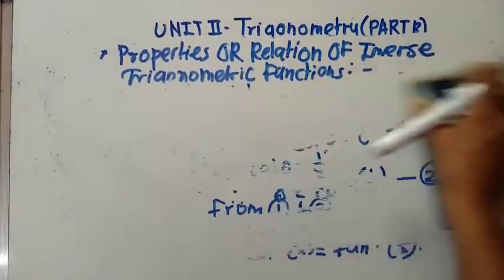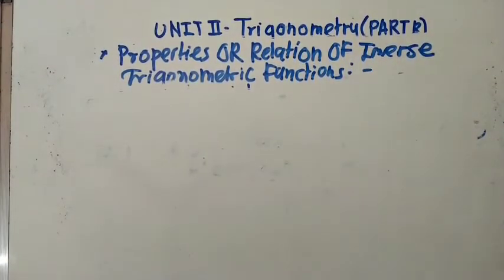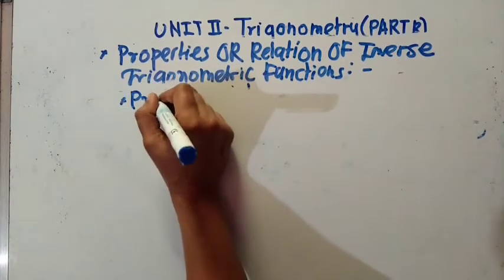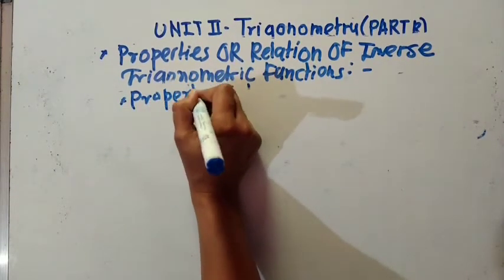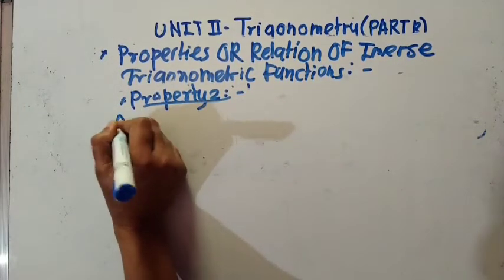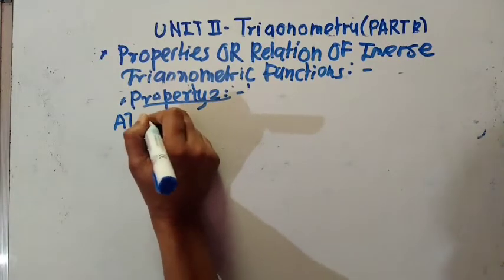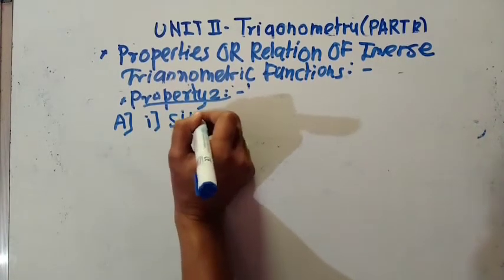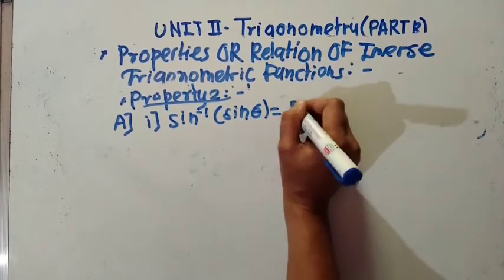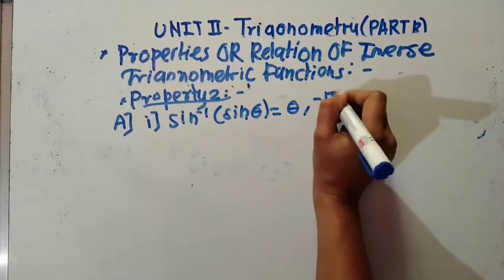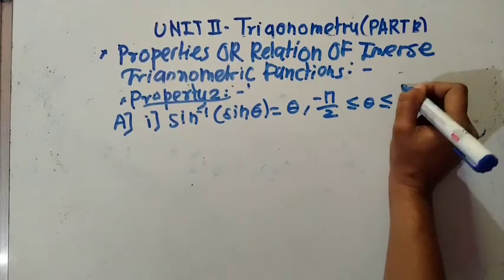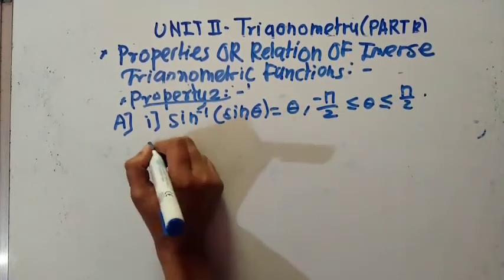Then we write the second property. Property A. First property is sin inverse of sin theta is equal to theta, where minus pi by 2 less than or equal to theta less than or equal to pi by 2.